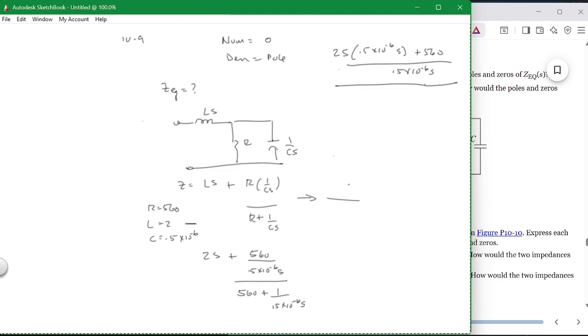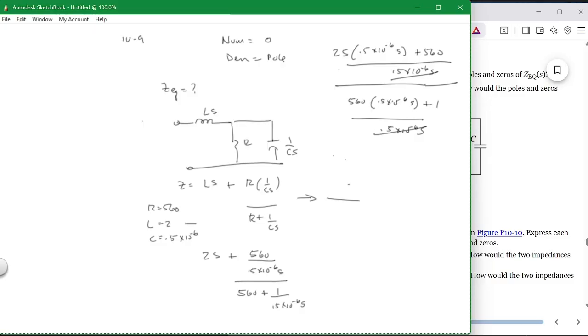That's the numerator. And then in the denominator, it is 560 times 0.5 times 10 to the minus 6s plus 1 over 0.5 times 10 to the minus 6s.